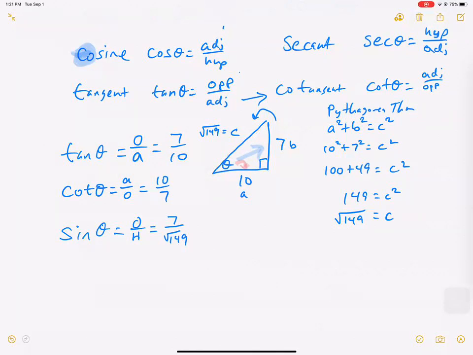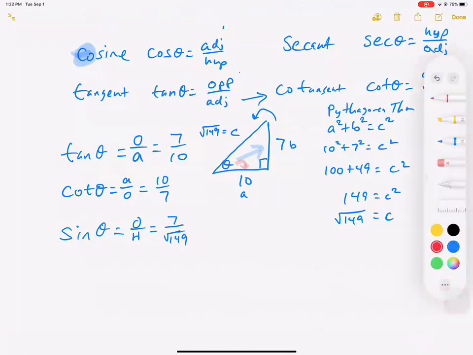So you multiply the denominator and the numerator by that same square root. The square root in the denominator goes away, and it simplifies to 7 square root of 149 on top over 149. I cannot divide the 7 from 149, so we are done.